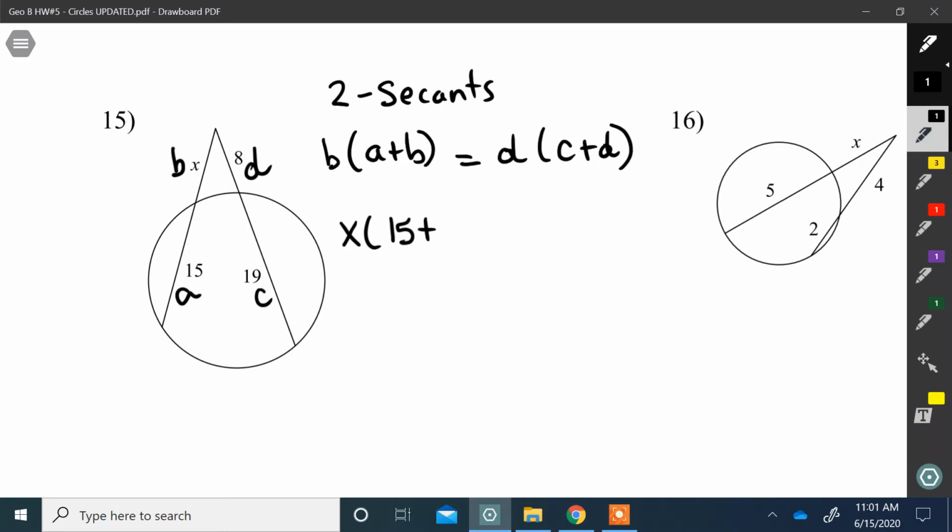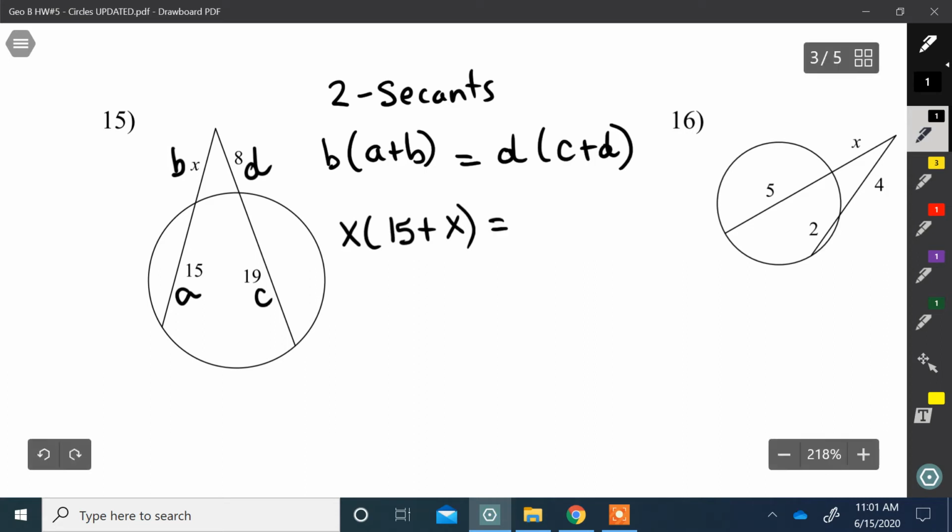The B in this case will be x, is equal to, the D in this case is 8. The C will be 19. The D will be 8.